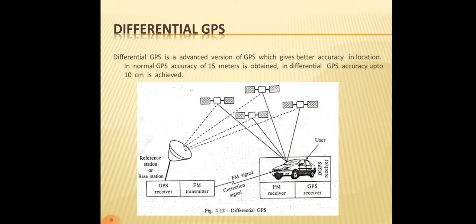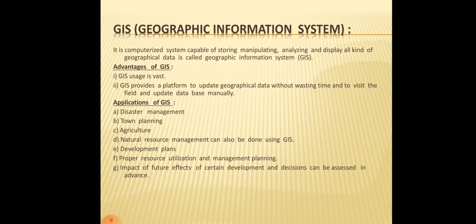Got it? Okay, the next one is the geographic information system. What is this geographic information system? It is nothing but a computerized system capable of storing, manipulating, analyzing and displaying all kinds of geographical data, such as surveying and all. What is the concept of this?